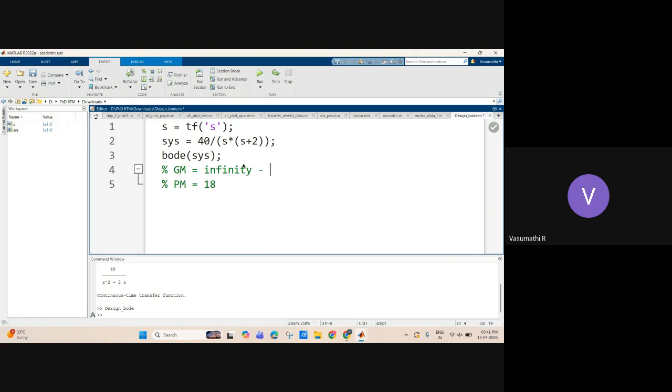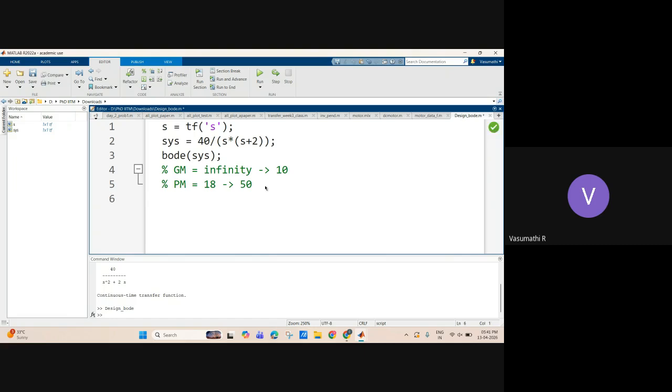Sorry, I think the gain margin requirement is 10, right? That's your requirement. Your phase margin should be greater than 50. At least it should be 50. Now you want to increase your phase margin from 18 to 50 and decrease your gain margin from infinity to 10. That's how you want to design a compensator.